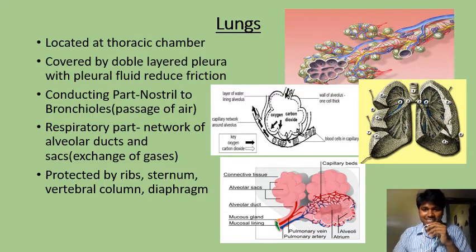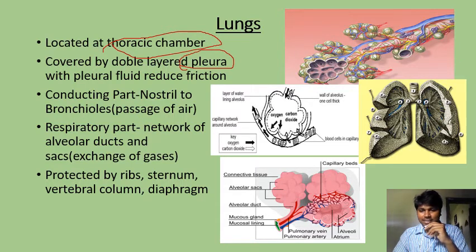Let's learn about the lungs now. Lungs are very important parts in the body because they are useful for the breathing process. They appear like a sponge and they are located in the chest cavity, which we technically call the thoracic chamber. Lungs are covered by a protective epithelial membrane called the pleura.